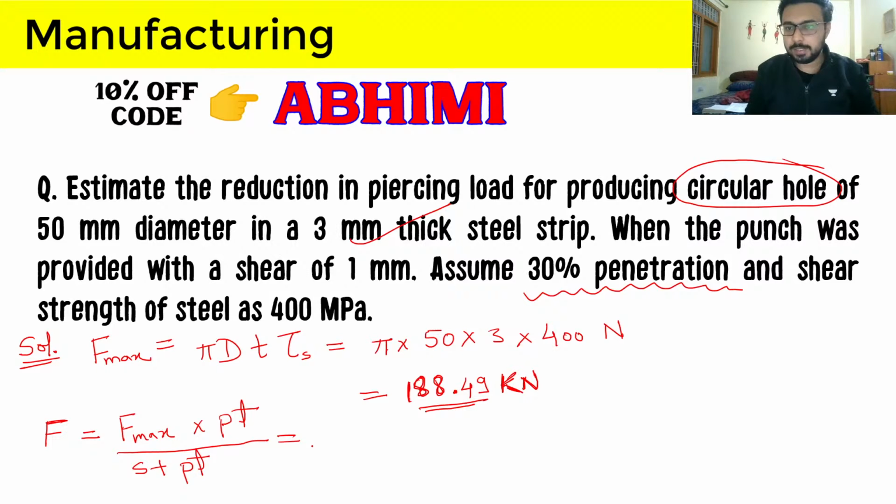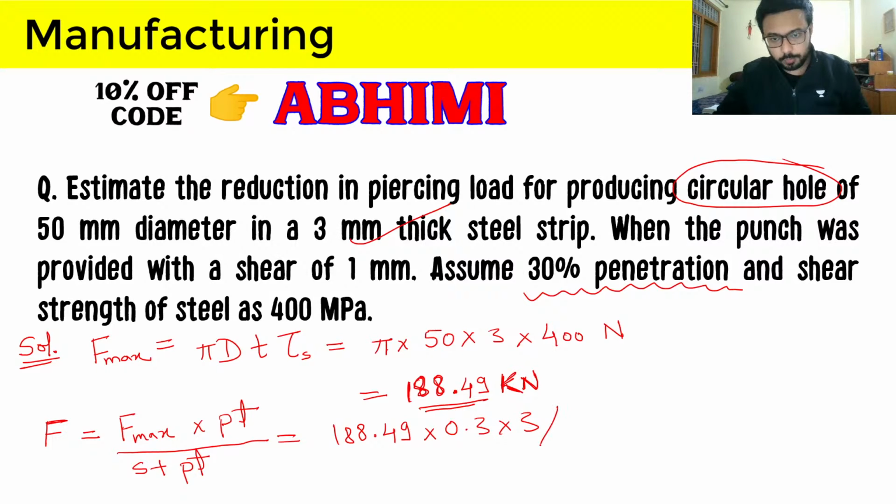So what we will have here is 188.49 into pt. So p is 0.3, t is 3 mm. So let me just write it here. Should we convert this mm into meter now? We cannot just do that, because at the bottom we also have to do one calculation of length unit, and that mm will get cancelled, and our answer will come out simply in Newton units.